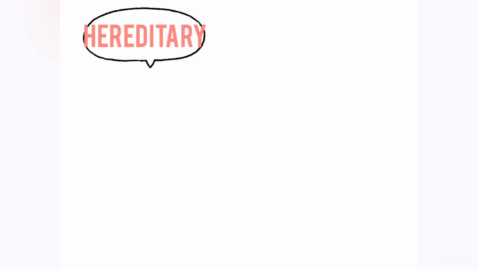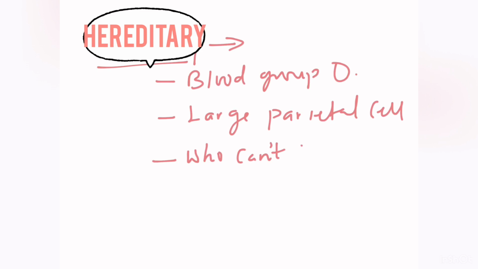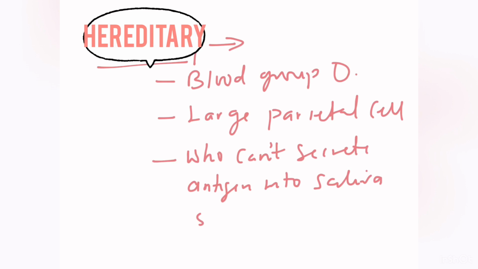It can also be hereditary, which involves number 1, blood group O. People with blood group O, and people with large parietal cell mass, and also people who can't secrete their antigen into saliva and gastric juice. The antigen is their blood group.